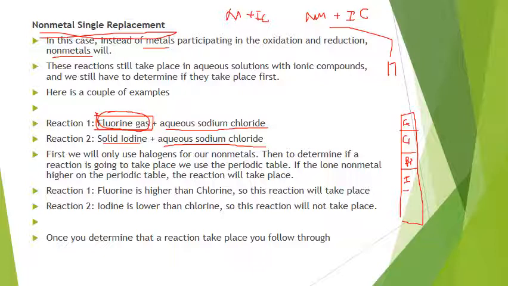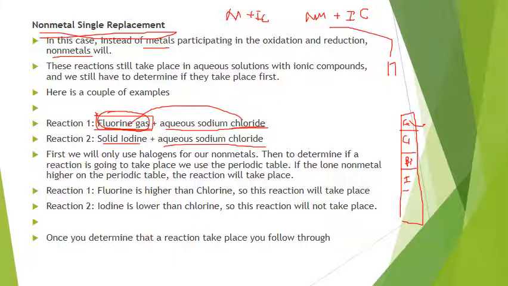So it's sort of like the activity series. The higher up the lone guy is, the more the reaction will take place. So if we look here, we can see that fluorine is higher up than chlorine. So we're comparing fluorine to chlorine. We're not looking at the metals here, so nonmetals.